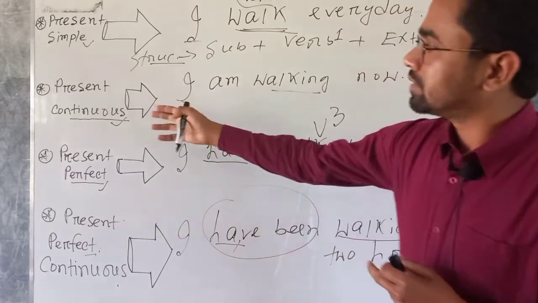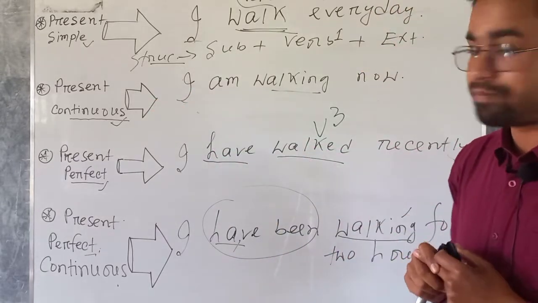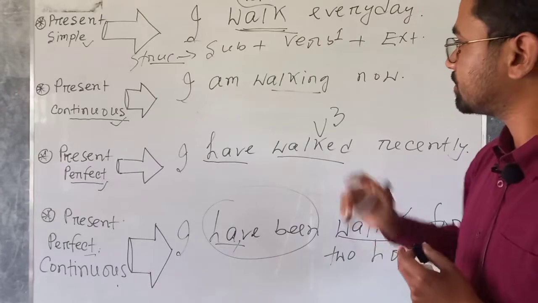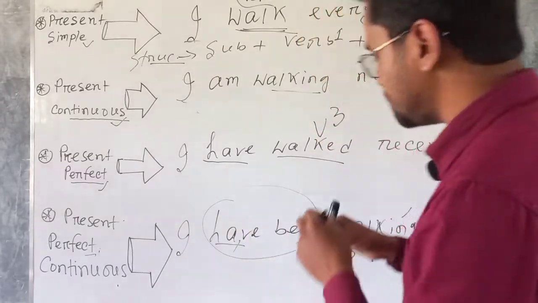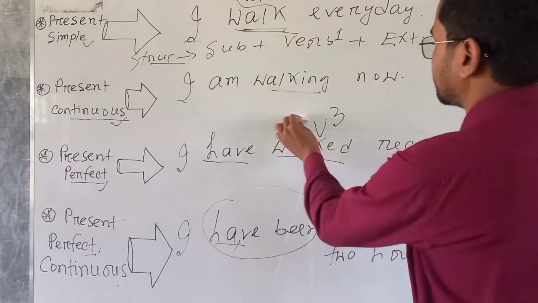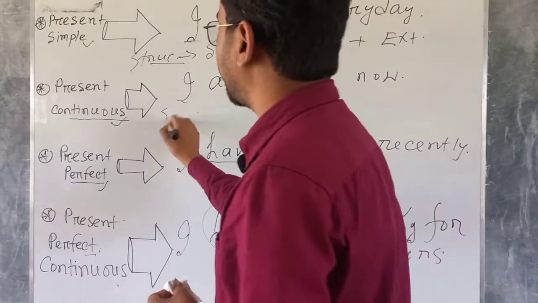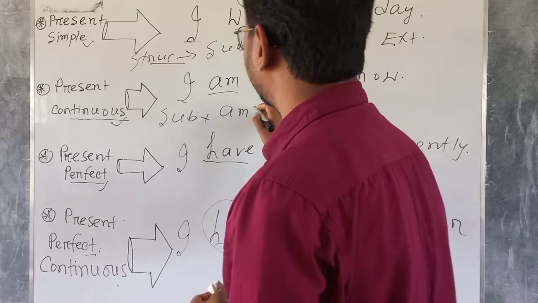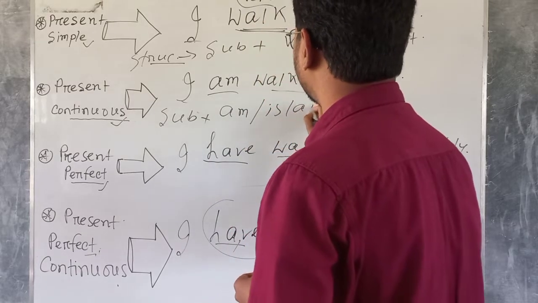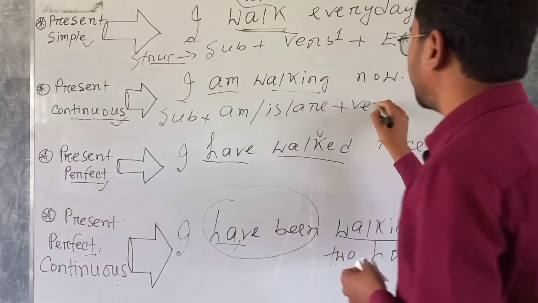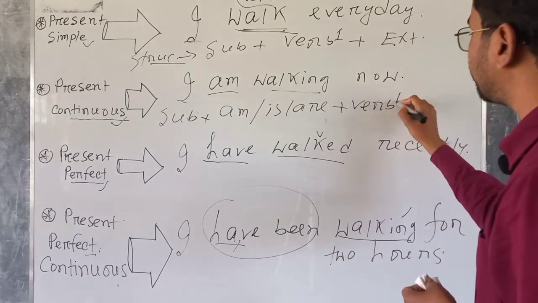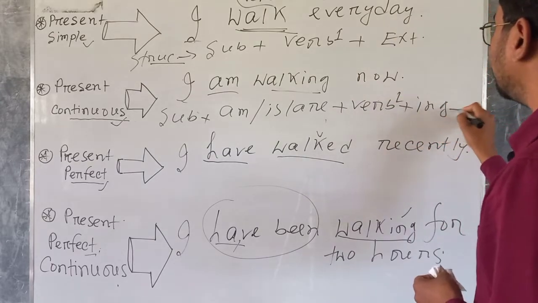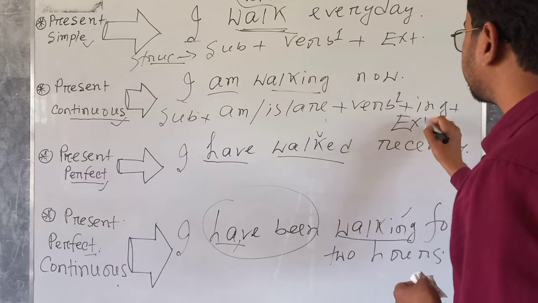Now, the next tense is present continuous tense. In this sentence, I have mentioned subject again, am, is, are, and also verb present form plus ing and extension.